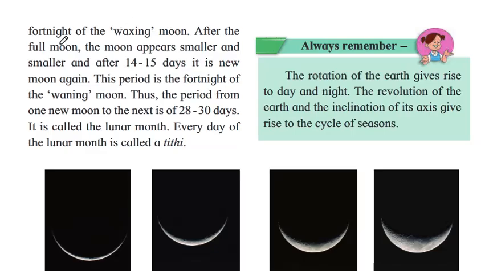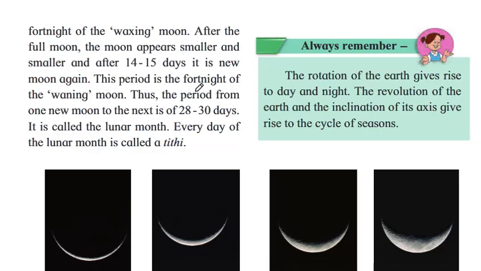After the full moon, the moon appears smaller and smaller, and after 14 to 15 days, it is new moon again. This period is the fortnight of the waning moon.